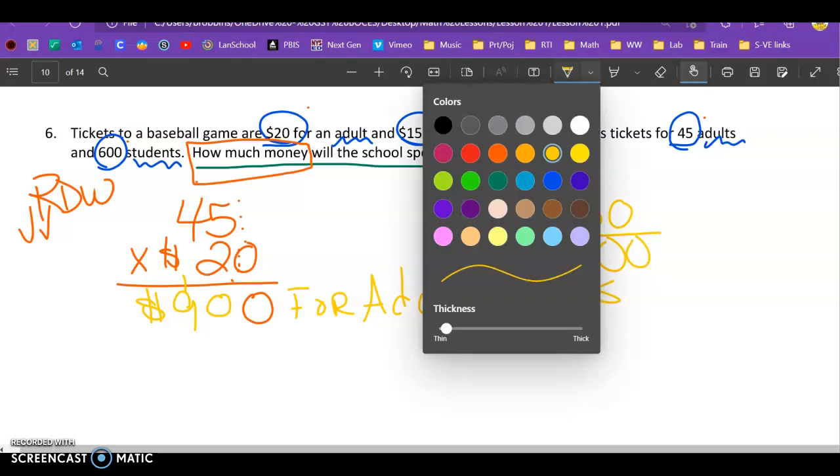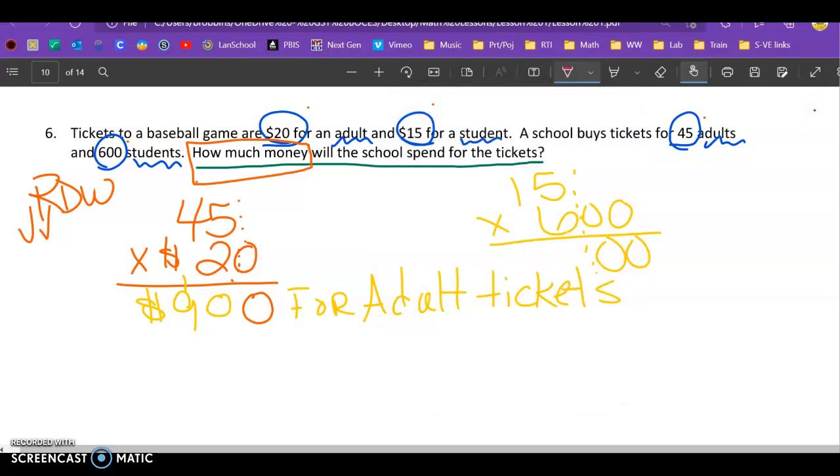Go ahead and change the color so you can see. 5 times 6 is 30. 6 times 1 is 6, plus 3 is 9. It's going to be $9,000 for the student tickets.